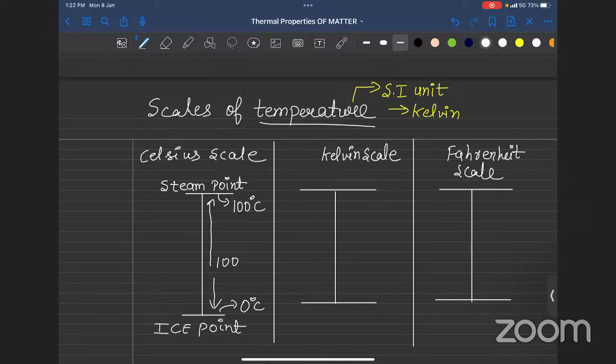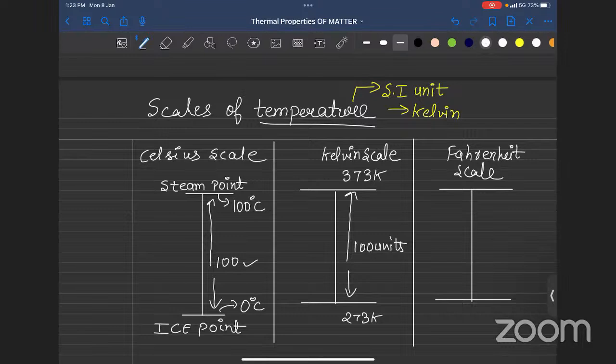On the Kelvin scale, the steam point, which is 100 in Celsius, is 373 Kelvin. And the ice point is 273 Kelvin. The difference between these is equal to 100 units, 373 minus 273.